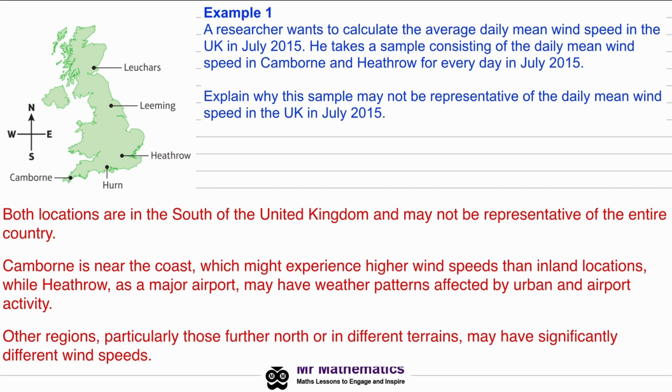So in this question, it was about considering how the location of the 2 stations would affect the type of data collected, and how this data might be different to that collected in La Chaux, Leeming, or Herne.